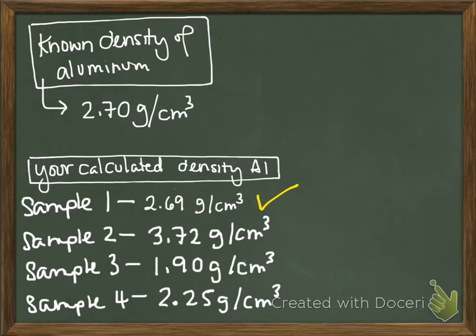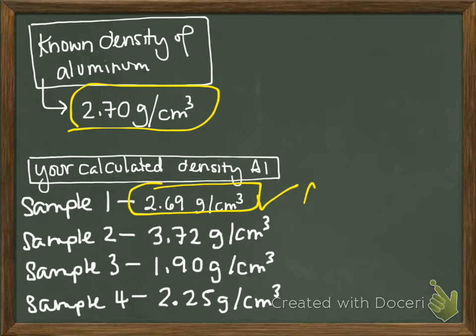Oh, 2.25 grams per cubic centimeter. Yikes! Now, if we already know the true value, we can look at these and say, oh, this result is accurate. Awesome, fantastic, yay, go me. These others are all pretty questionable. They're pretty far off the true value.